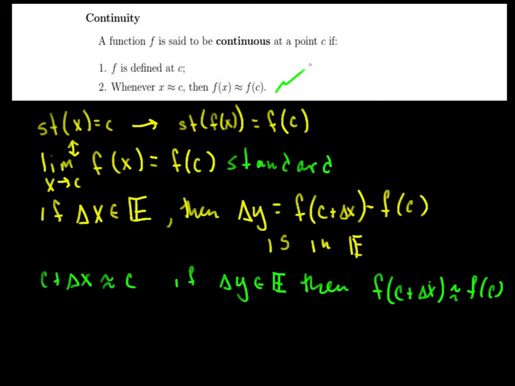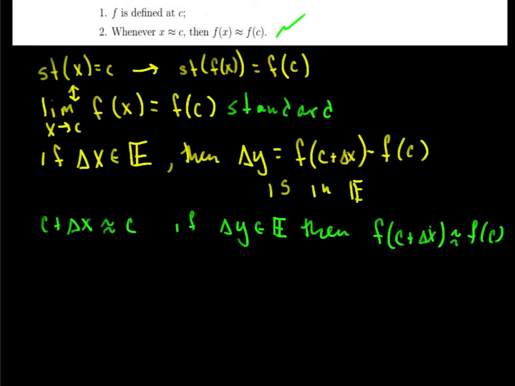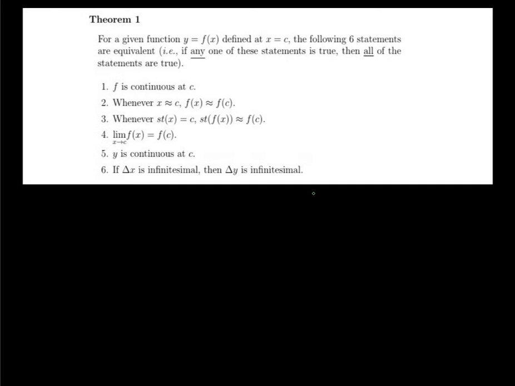So these are all equivalents, and in fact there are 6 equivalent statements. Let me post them up here, so we know different ways of checking to see if a function or relationship is continuous. We call it a theorem, but what we're saying is that if y equals f of x and f of x is defined at c, which is one of the key components of being continuous, it's got to be defined.